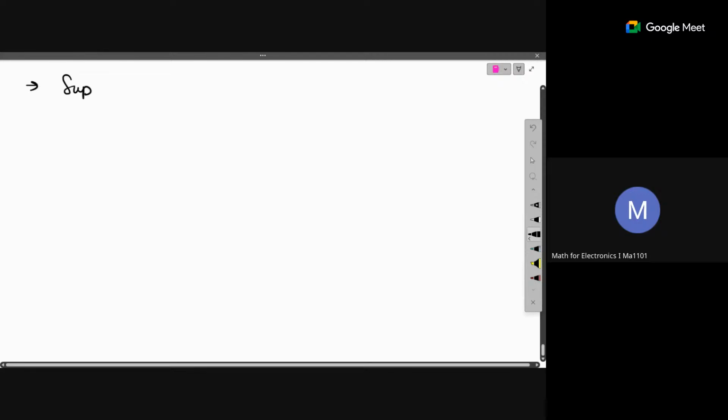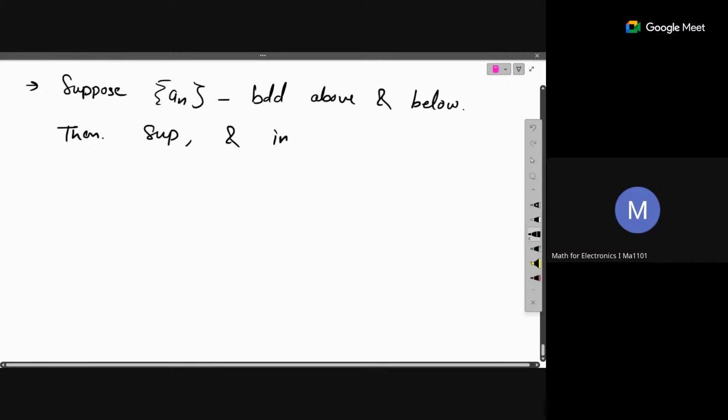So suppose you have a sequence a_n which is bounded above and below both. Then you can find two numbers, known as the supremum and infimum of this sequence a_n, which has this property.